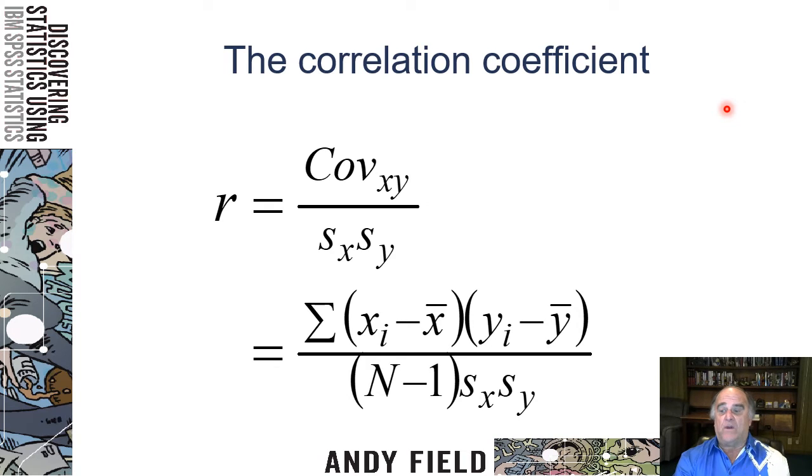It only really makes a difference when the sample size is small, because again, if the sample size is so large that n is almost the same as the population, then the difference between n minus 1 and n is negligible. But when the samples are smaller, then there will be a big difference between n and n minus 1. So that just explains the use of n versus n minus 1.